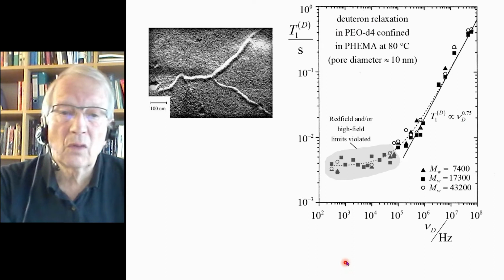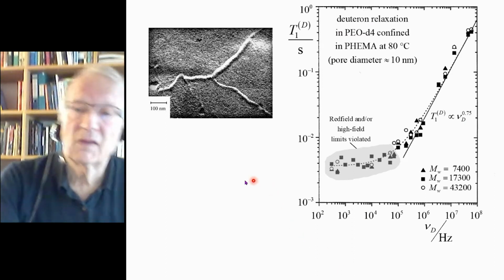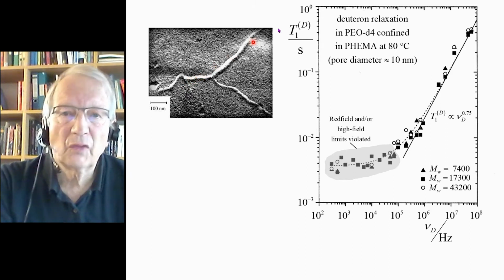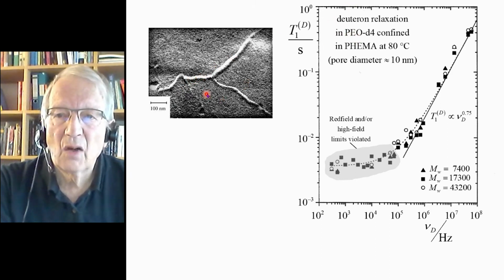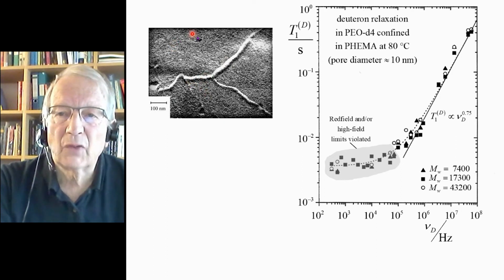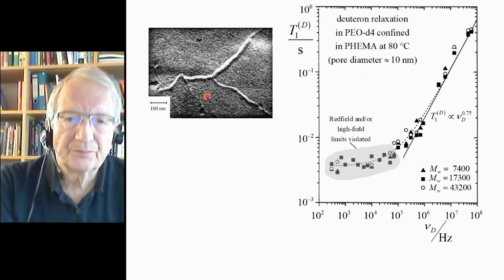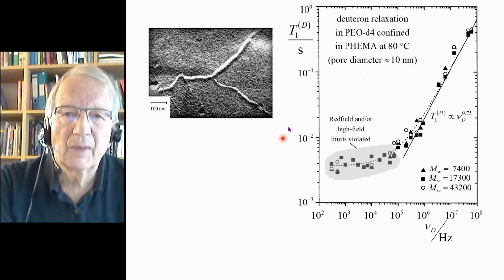You can have a look at an experiment. In this case, we have studied polymers, polyethylene oxide, confined in a pore, in a tube, in a solid matrix. FEMA is a certain solid material. And here we have some data.